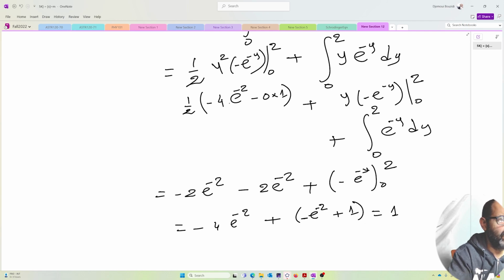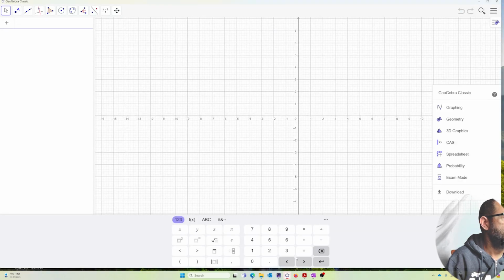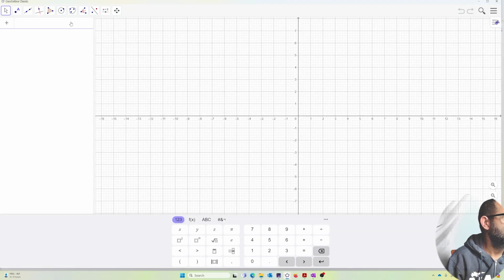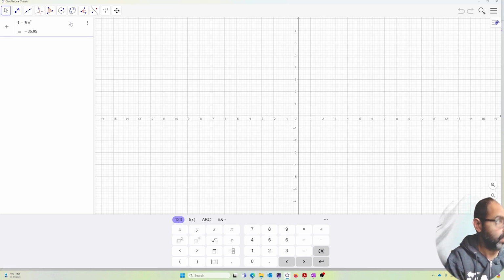So the point is 1 minus 5e to the negative 2. That is really the whole thing. I already had it on GeoGebra, or I did not, I guess. So I have 1 minus 5e to the negative 2. Negative 2, not positive 2.